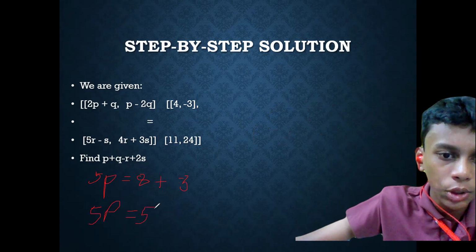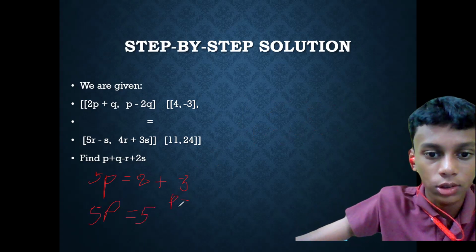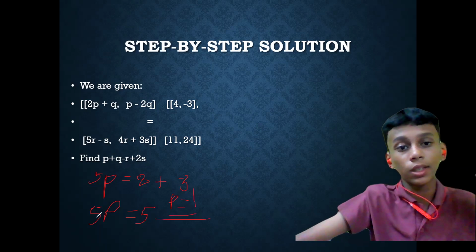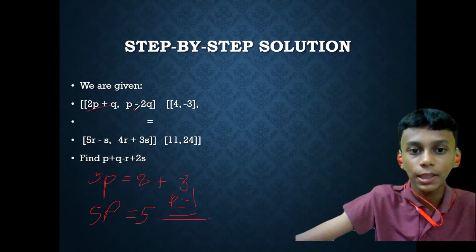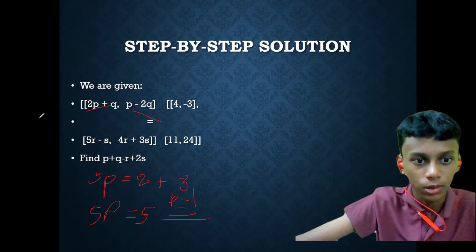If we transpose the 5 to that side, the p value is equal to 1. Since we found the p value, now we can find the q value by substituting it in any of these equations.